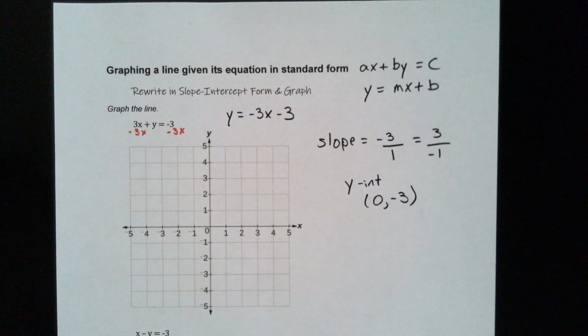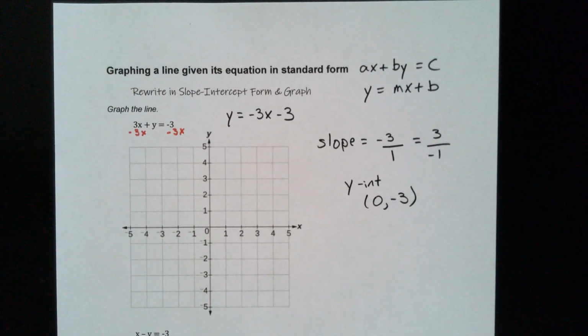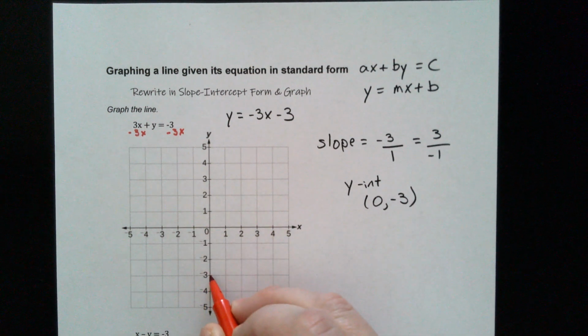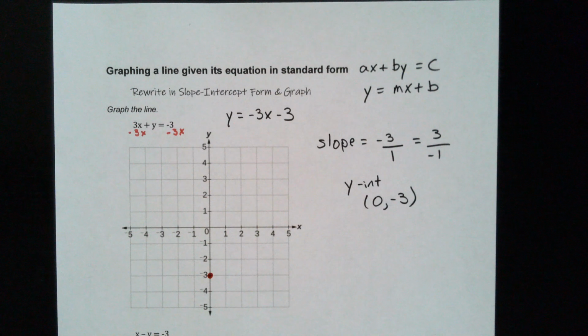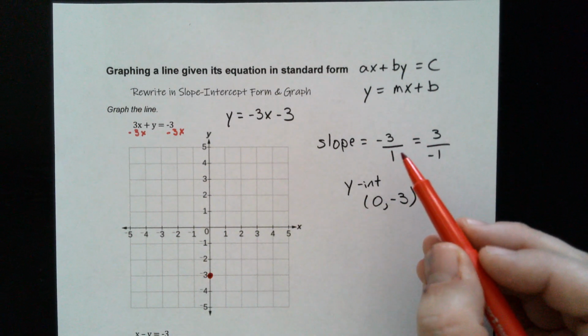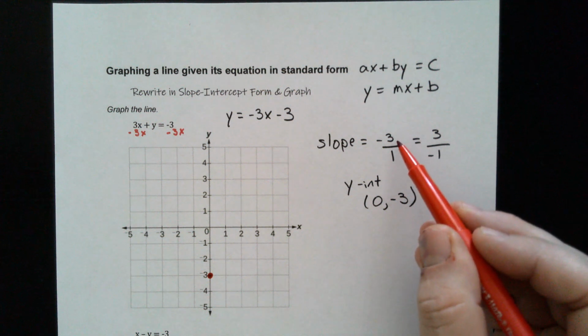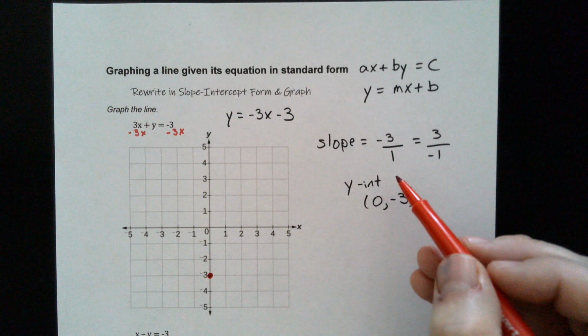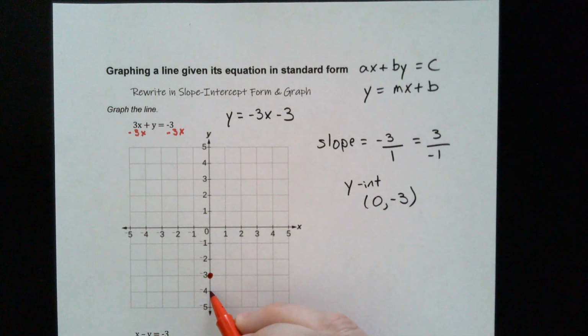We can start by graphing our y-intercept, which is at (0, -3). That's down here, so put a dot there. Then I can use my slope, either one, maybe both. The first one, remember, is rise over run, so it's rising -3, which means I'm going down, and then to the right by 1. I won't have quite enough graph here, but if I go down one more, it would be about right there.